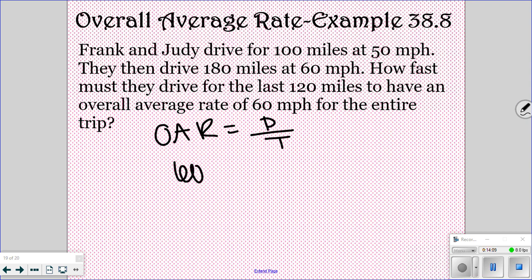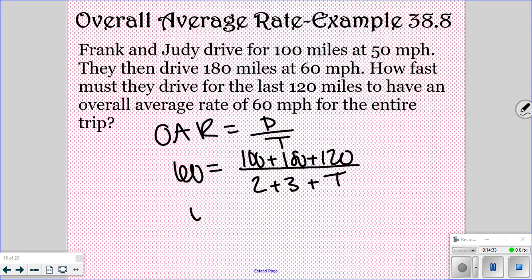So we know that it's supposed to equal 60. Our distances are 100, 180, and 120. And then we already figured out the time for the first 2. That was 2 and 3. We don't know how long they're going to take on the last 120 miles. But we know that when we divide all this out, it's going to equal 60.